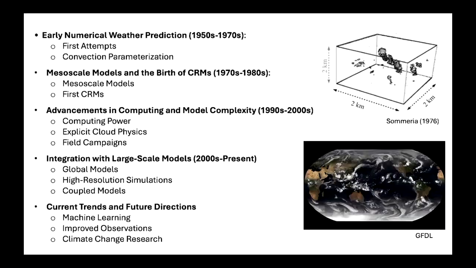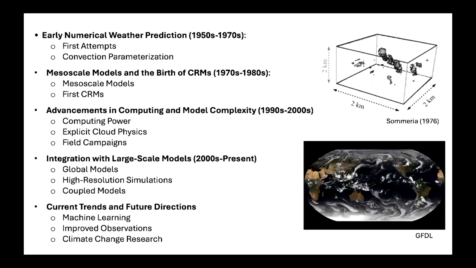Because of the rapid advancement of our computation technique in the past several decades, we also see a significant advancement in cloud resolving model development and their application in the atmospheric and climate sciences, which could be characterized by these several phases that I try to summarize here.